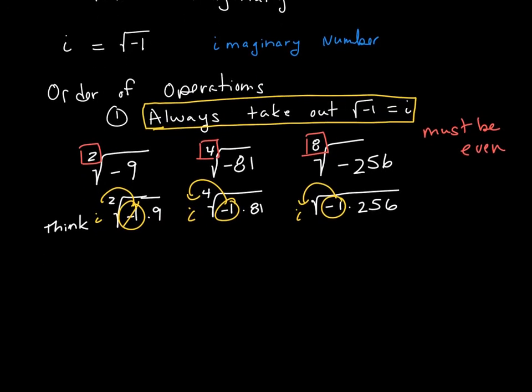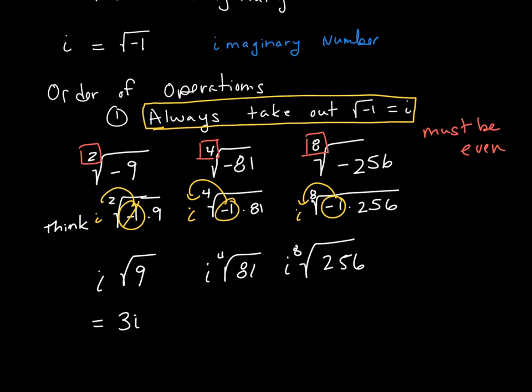And once you do that step, it's i square root of 9, or i fourth root of 81, or i eighth root of 256. The square root of 9 is just equal to 3. So this becomes 3i.